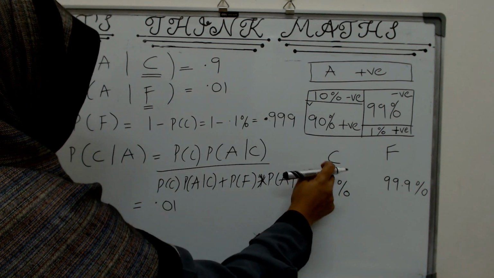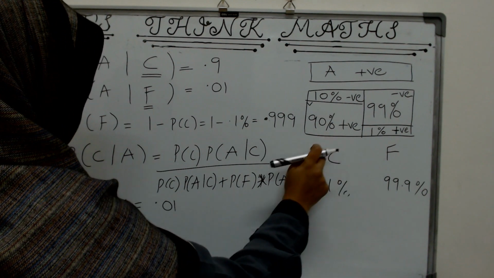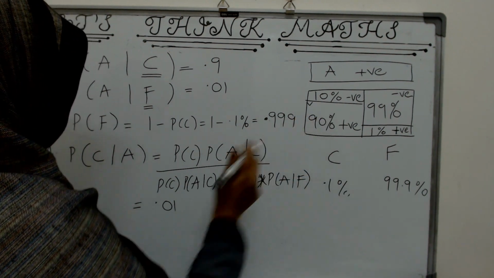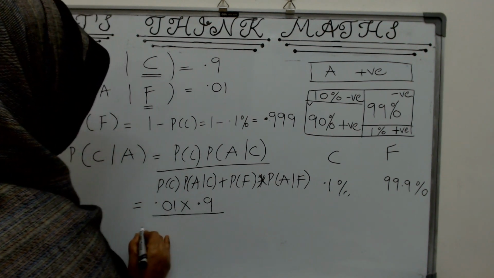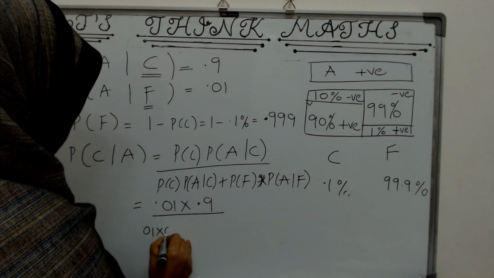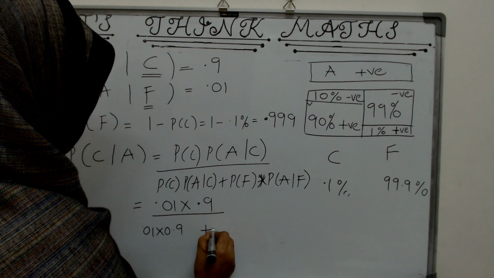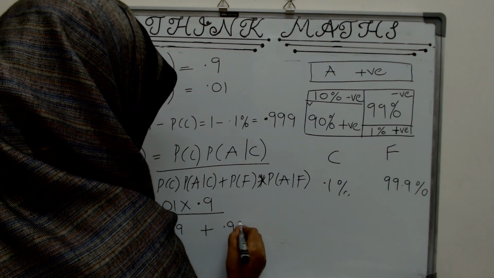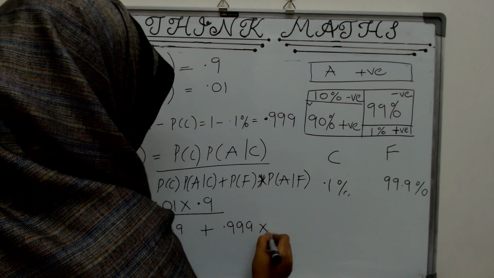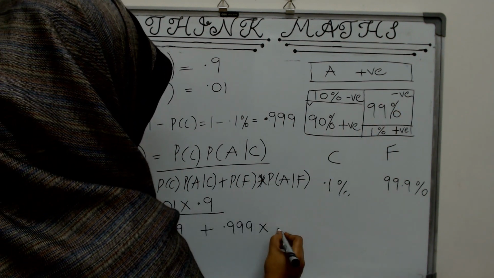This is probability of C and this is the probability of A lying in C, 0.9. The same term comes down, but with one extra term. We have to add one extra term: the probability of F into the probability of A lying in F.